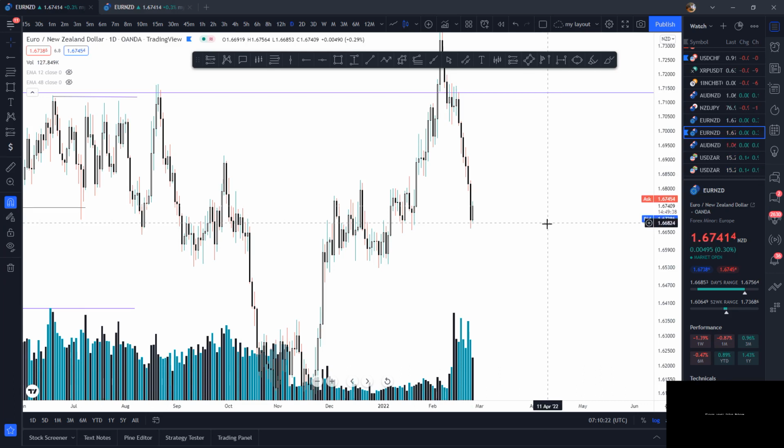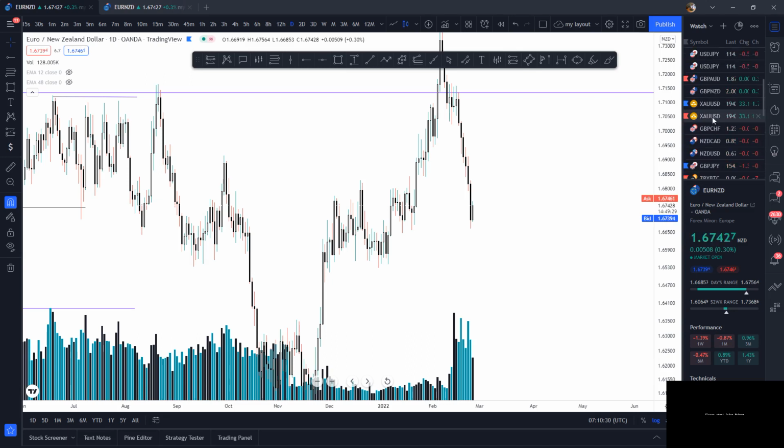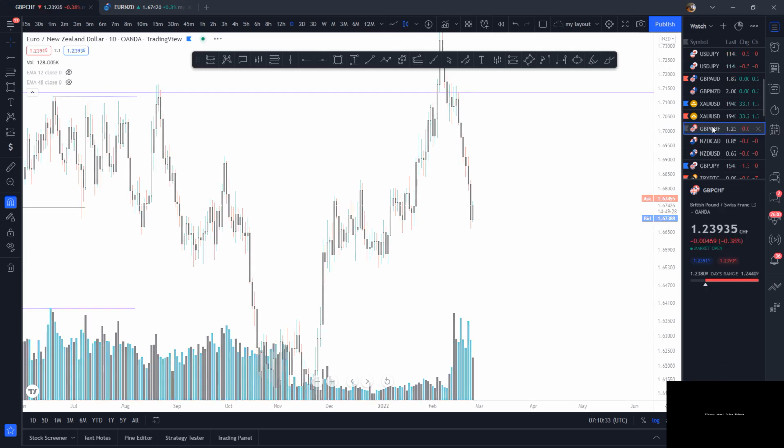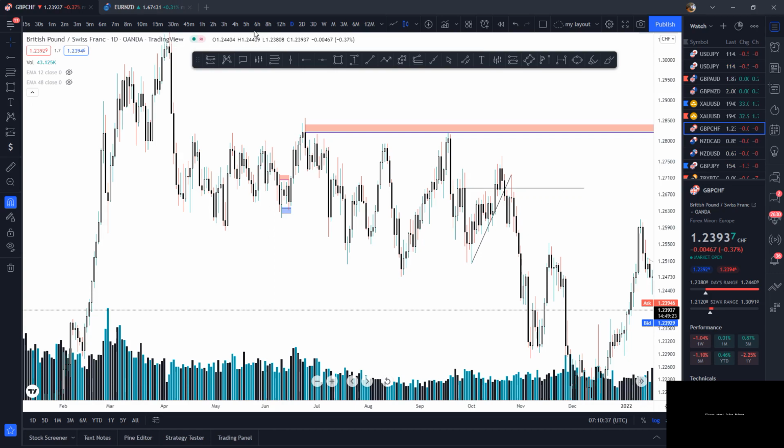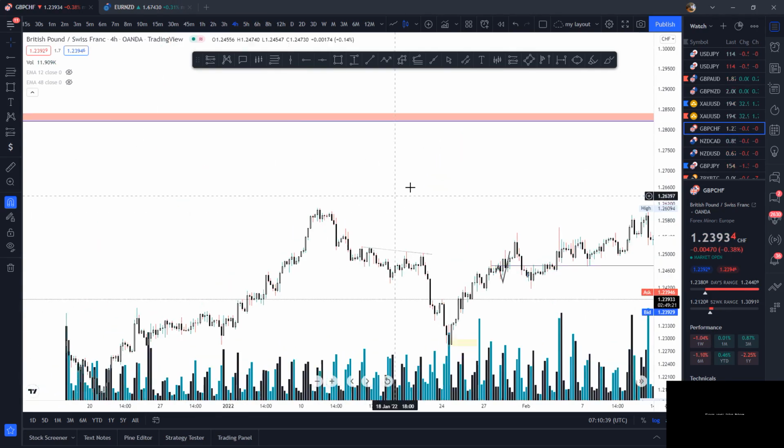The next one we are going to look at GBP again. For instance here, for our chart.